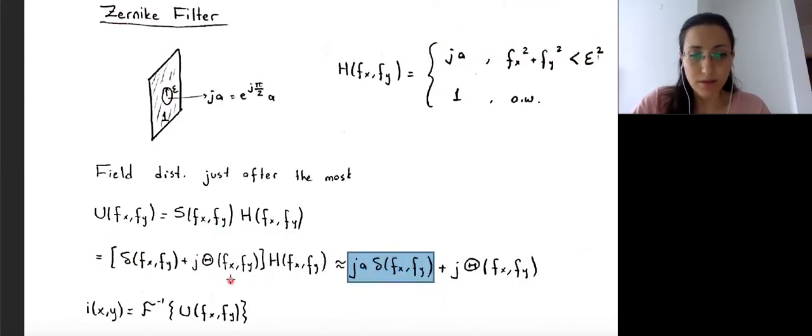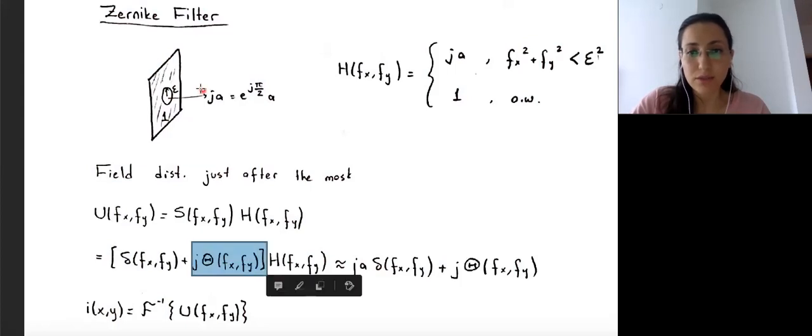Let's look at the second term, j theta fx fy. This is a two-dimensional function, okay? And if we assume epsilon is something very, very small, we can ignore the effect of the circular multiplication on this two-dimensional object, okay?